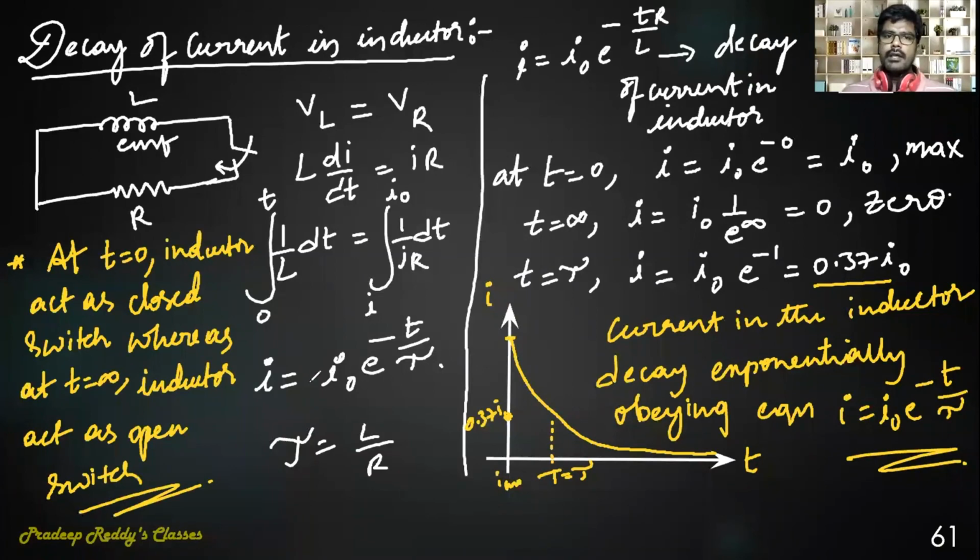This is how current will grow as well as decay in an inductor. Remember, decay takes place when there is no external battery. Growth takes place when you are connecting an inductor to an external battery. And you need to remember these equations for growth and decay of current in the inductor. Then only you can solve problems related to this concept.